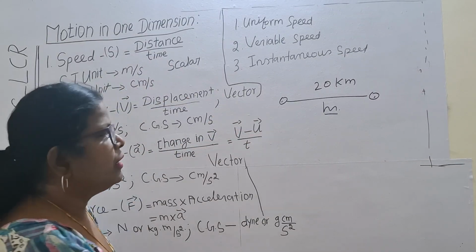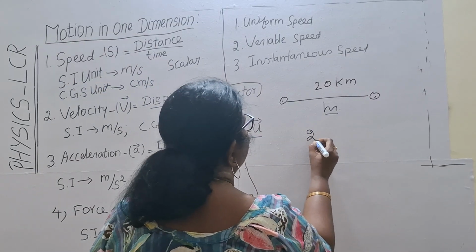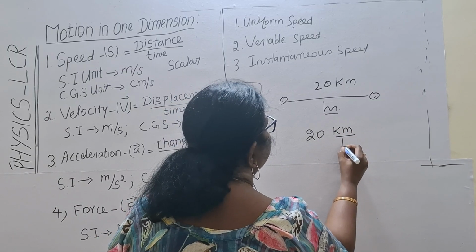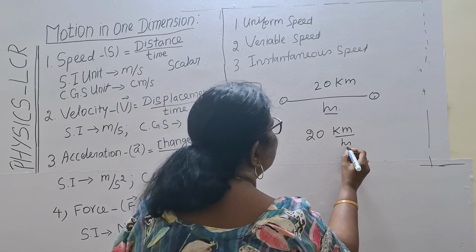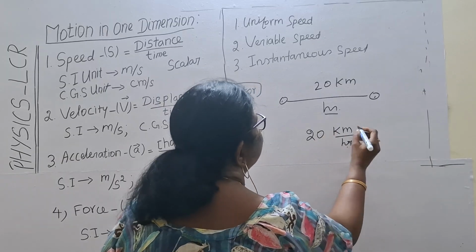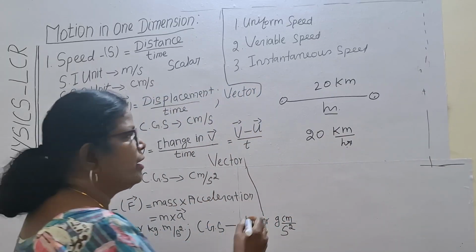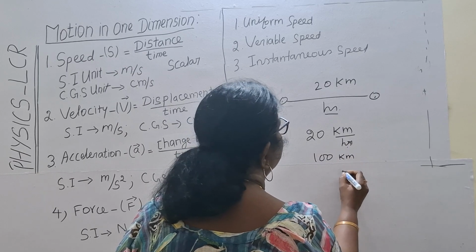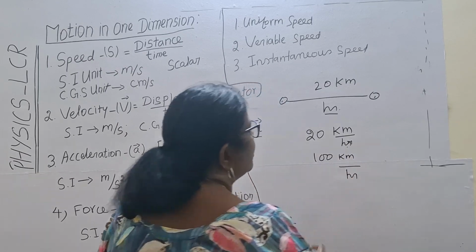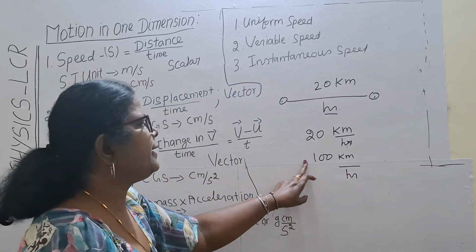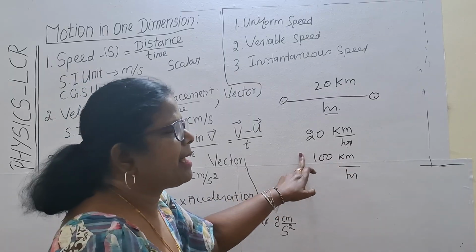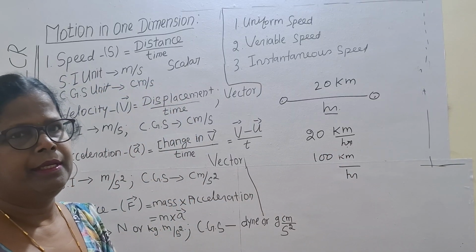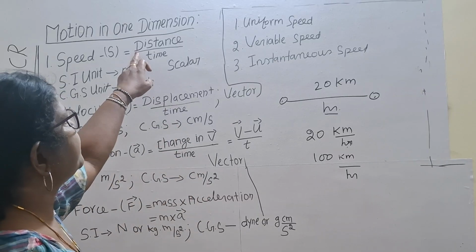Have you understood? We are saying 20 kilometer per hour, so in 1 hour this body covers a distance of 20 kilometer. Or 100 kilometer per hour: in 1 hour, this body travels a distance of 100 kilometer. That is the speed. Speed equals distance by time.